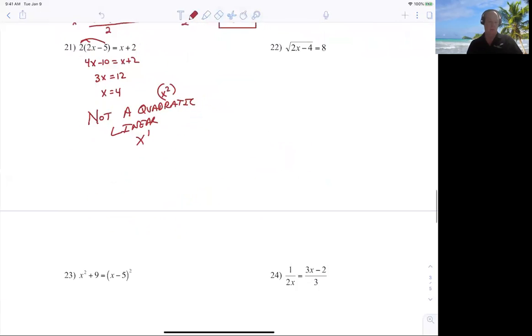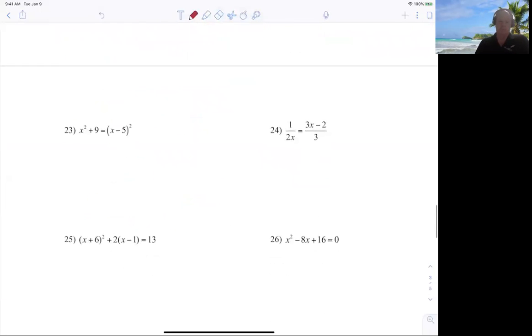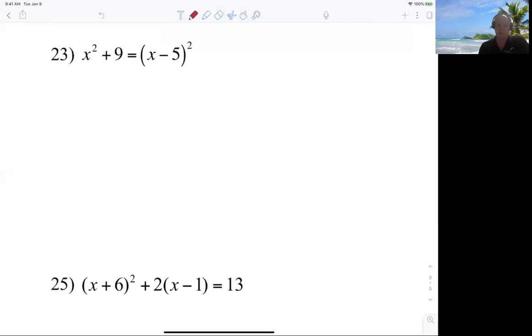Let's see about number 23. Now, 23 is interesting. The reason I can't take the square root of both sides is because you can't take the square root through addition. What I want you to look at now, and we've done this in the past, is that we're going to have to actually multiply this out. So let's look at it.